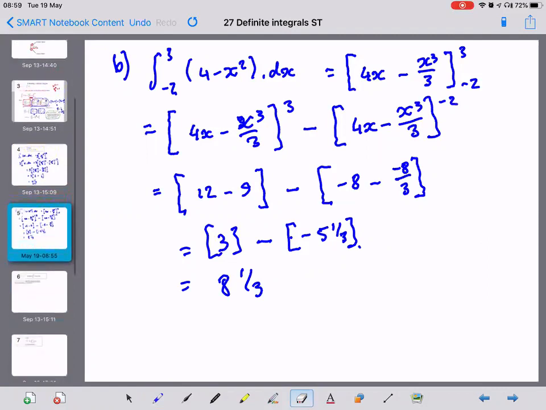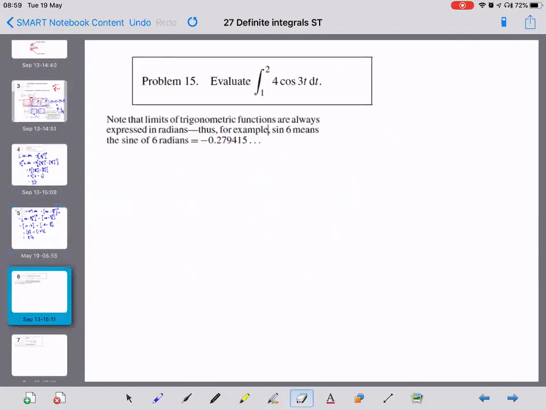Let's have a look at one with a trigonometric function. Now, one thing to remind you about with calculus and trigonometrical functions, sine, cosine, and tangent, is that on your calculator, any angles must be dealt with in radians, always, no degrees for calculus.